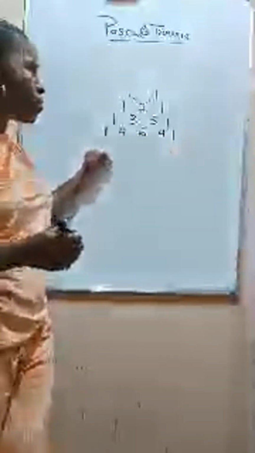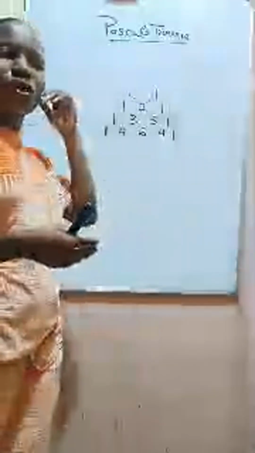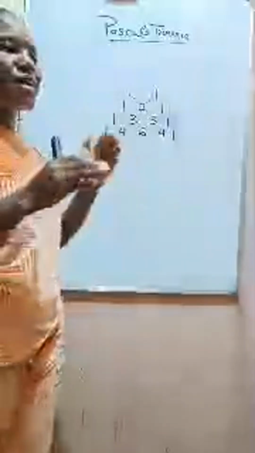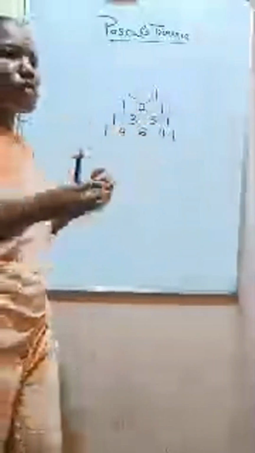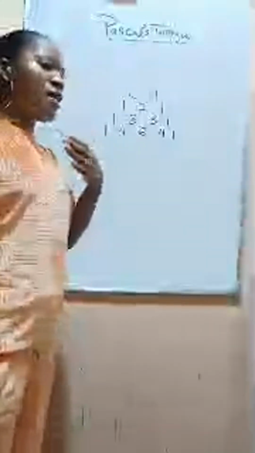Now I'm going to stop with the sixth line, because whatever we are going to solve today will not pass the power of 5. So if you want to expand the knowledge, you can expand your own to power of 6, power of 7, power of 8.